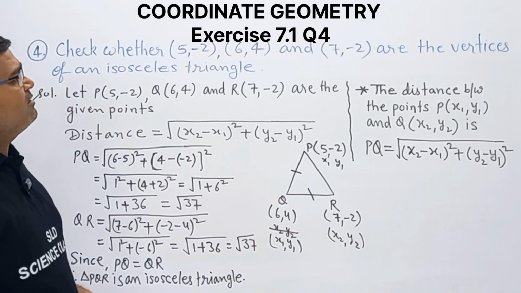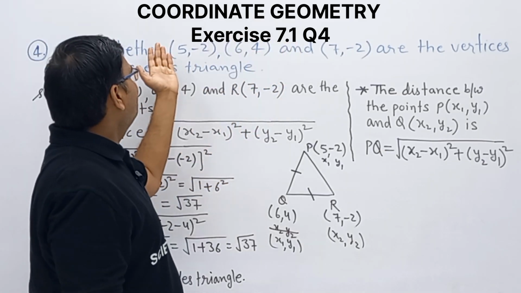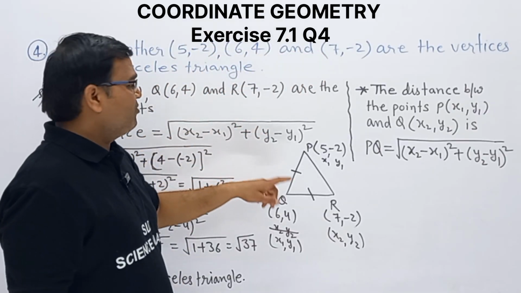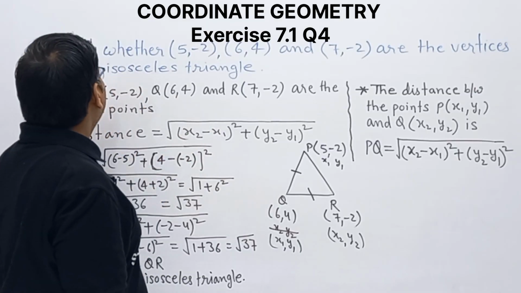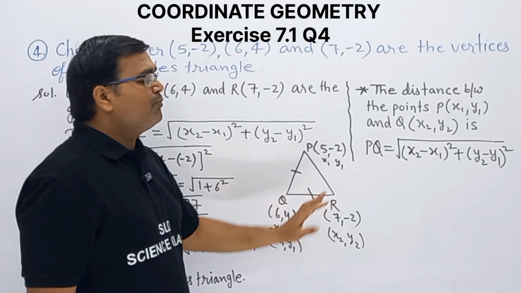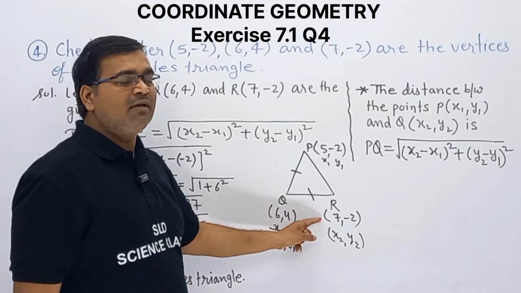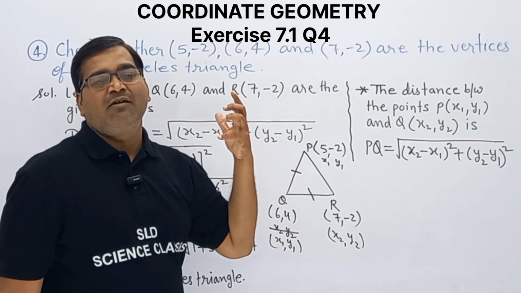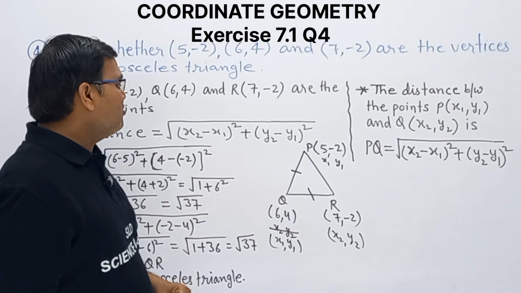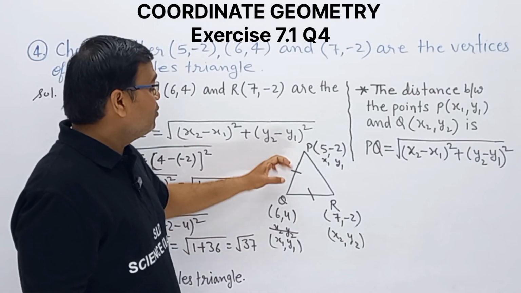Observe again what we are doing in this question. We have 3 points. We assumed P, Q, R. We want to check whether these points are the vertices of an isosceles triangle. So by using the distance formula, we are finding the lengths of sides PQ and QR.